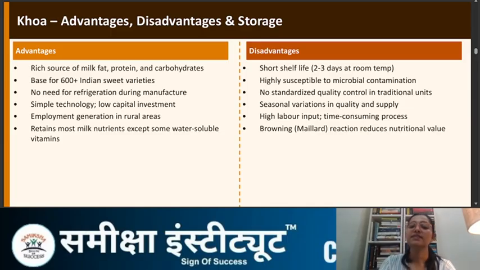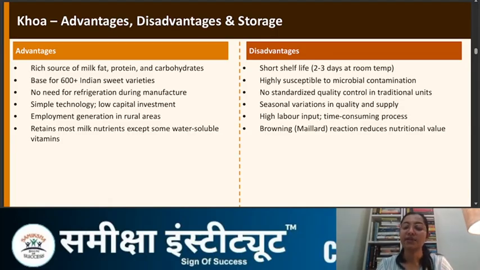Again, there will be seasonal variations in quality and supply, because the milk production will also vary. Then it is high labor input, because if we want to produce it on a mass commercial scale, it will require high labor intensity.